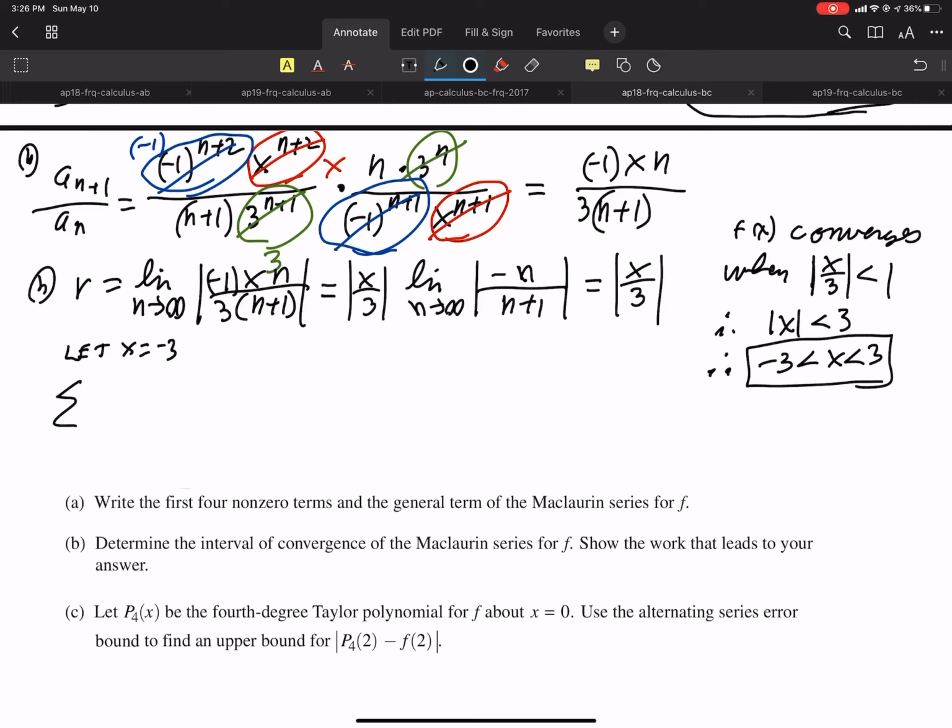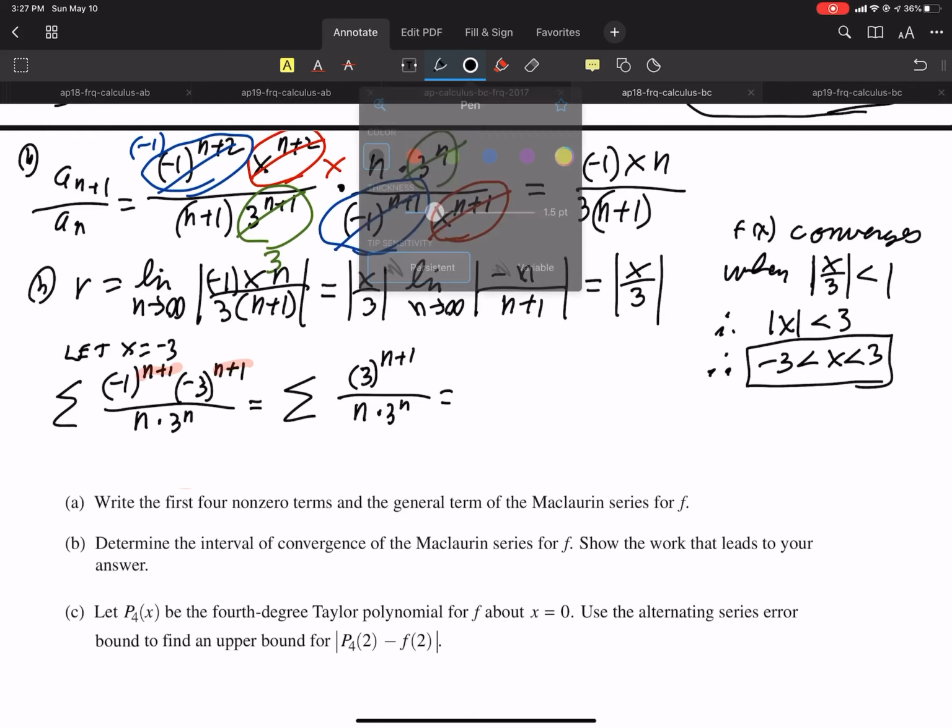And that should get me this. Negative 1 to the n plus 1, negative 3 to the n plus 1 all over n times 3 to the n. So we know that things with the same exponent, do you see that we have an n plus 1, they're the same exponent? Therefore, we can combine those, and that's going to be 3 to the n plus 1 over n times 3 to the n.